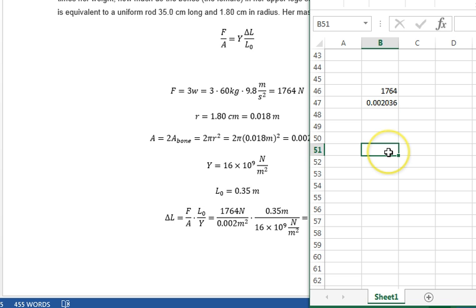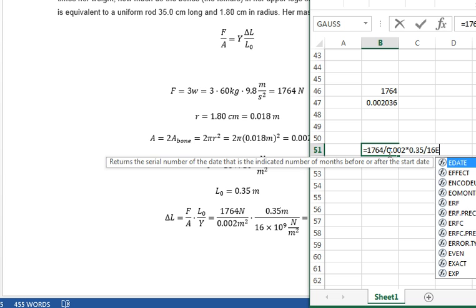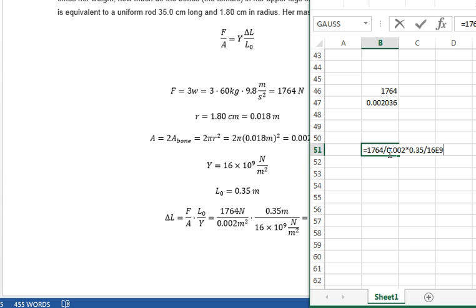So this is 1764 divided by 0.002 times 0.35 divided by 16. Okay, so in Excel you go 16E9. That's how you write 16 times 10 to the 9th in Excel.